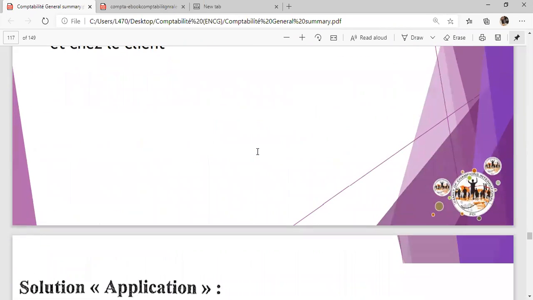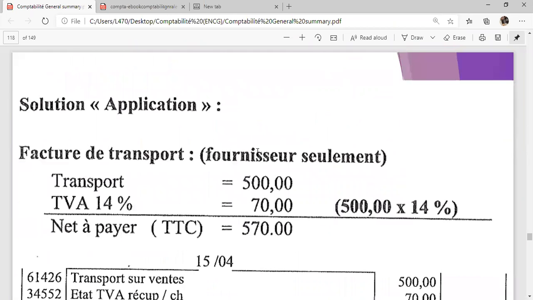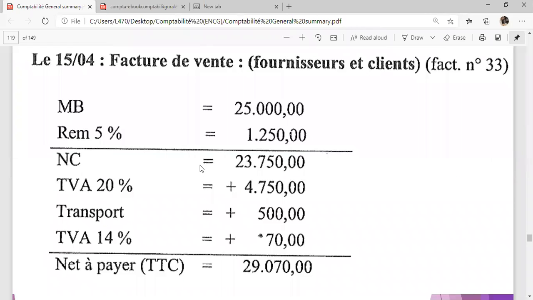How you're going to put those two differently is that when you find the net commercial, it can either be net commercial or net financier. When you calculate the last reduction, you're going to find the 20% TVA for the last figure you found.